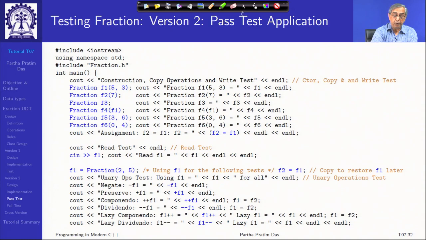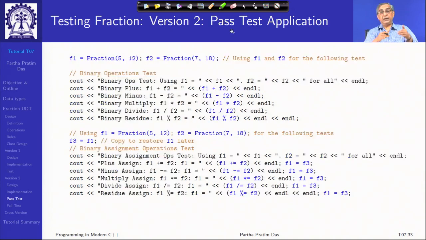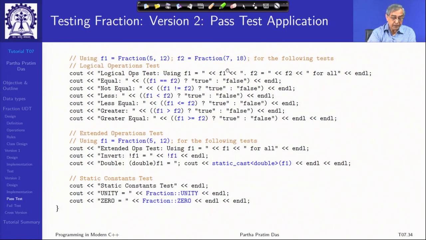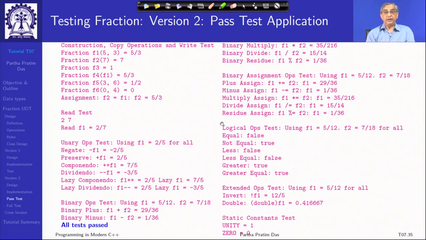So, things become more algebraic in nature, and you can have a complete test application based on that. This is the total application I have given here, and as you test you will be able to get this output. Try this out and you will see that very clearly.